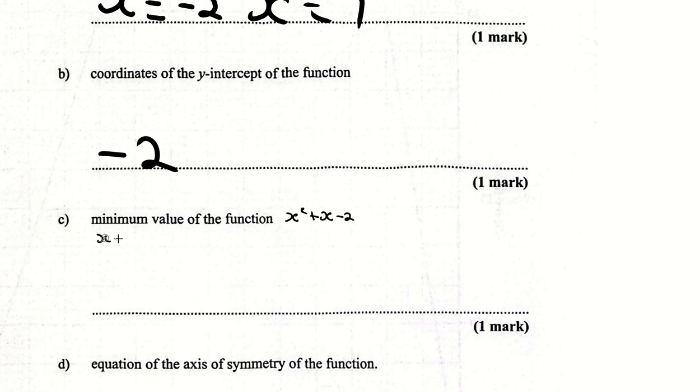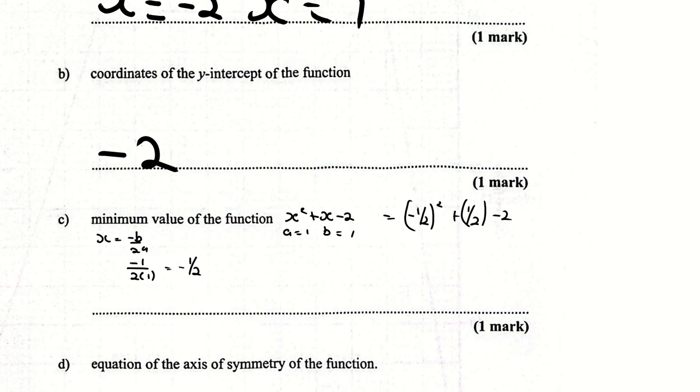We know that x is minus b over 2a. A is 1, b is also 1. So that's minus 1 over 2 times 1, which is minus a half. Put that into the equation: minus a half squared plus a half minus 2.